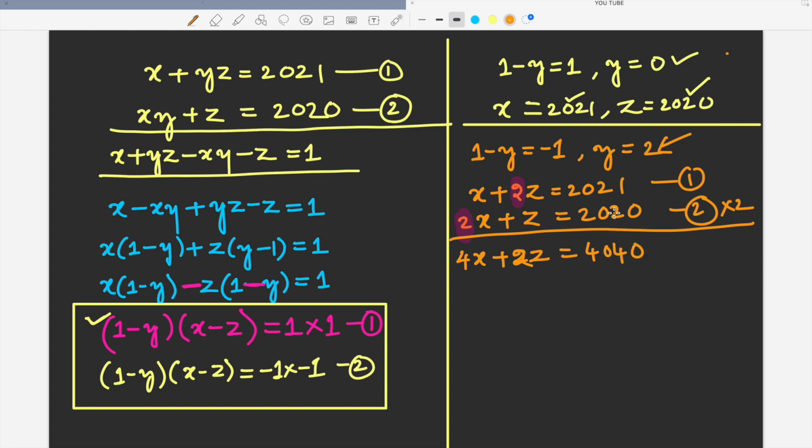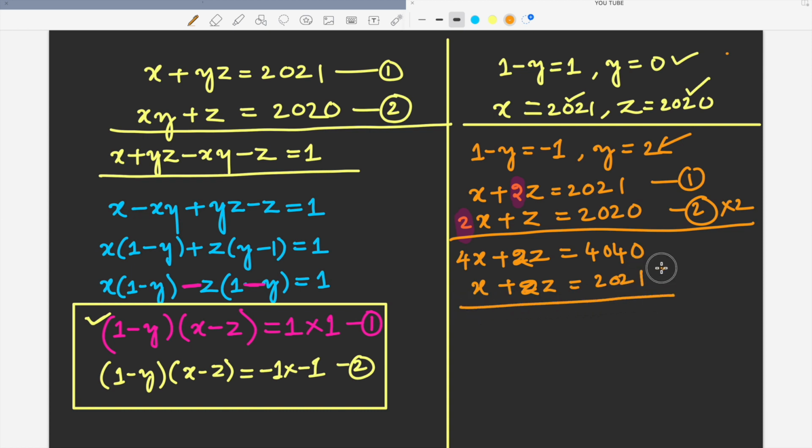So I multiplied the entire equation by 2. Then I'll write the first equation, that is x plus 2z equals 2021.